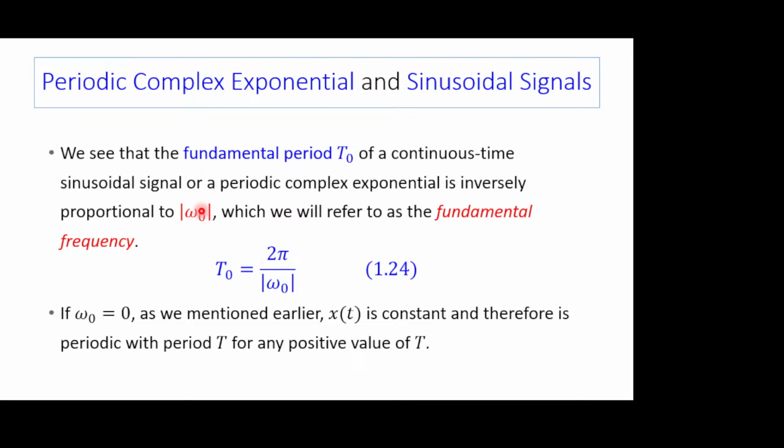They are inversely proportional to the absolute value of omega naught, and their fundamental period T naught will be 2 pi divided by the absolute value of omega naught.